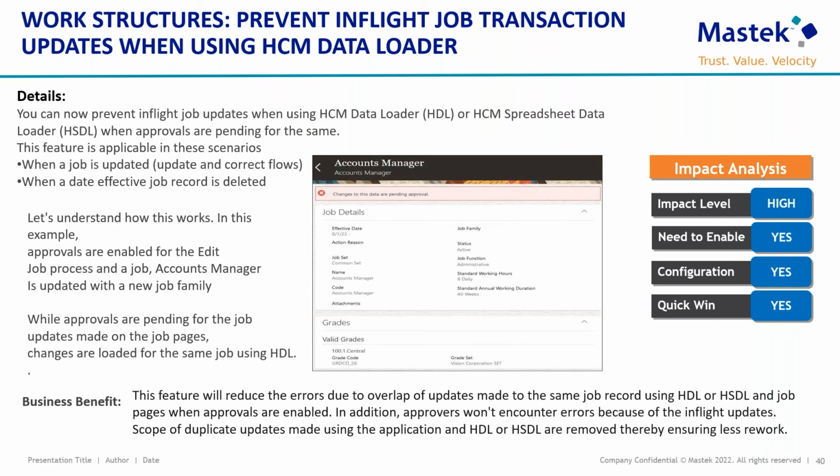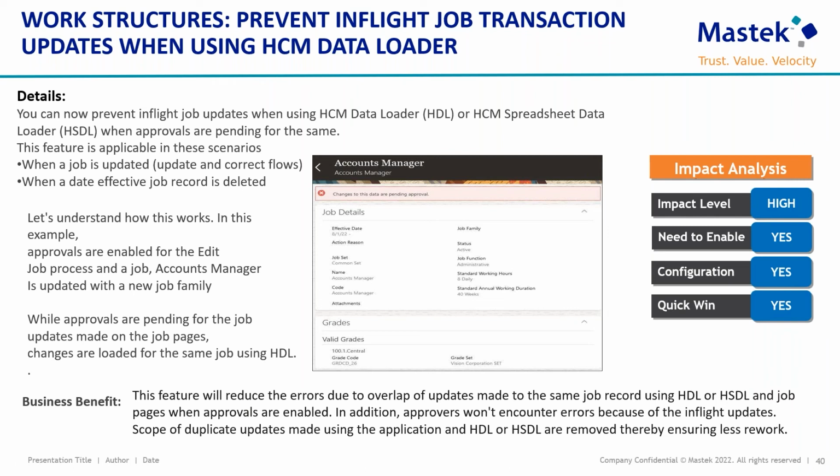Moving to the next, we have a new feature on workforce structure. It is preventing in-flight job transaction updates when using HCM Data Loader. So this feature talks about when a job has been updated from the front end, from the jobs page in workforce structures, and by using HDL there is any update that you do for the same job.